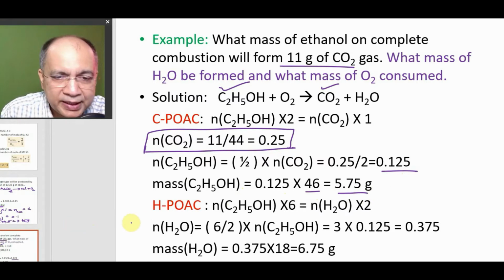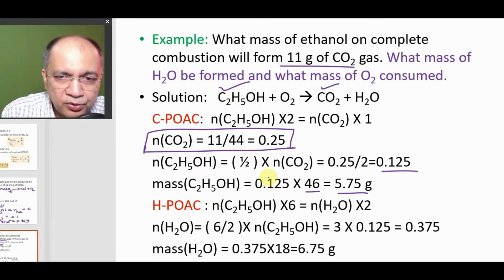Again apply POAC to the hydrogen element. Now hydrogen is present here and here, not here and here. So number of moles of ethanol into 6, because in one molecule there are 6 hydrogen atoms, right? So into 6 is equal to number of moles of water into 2.